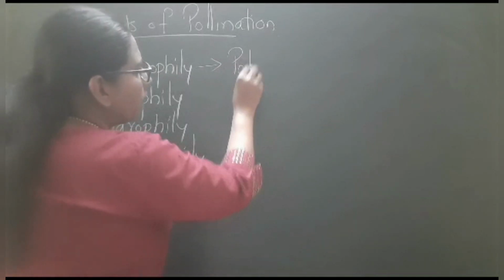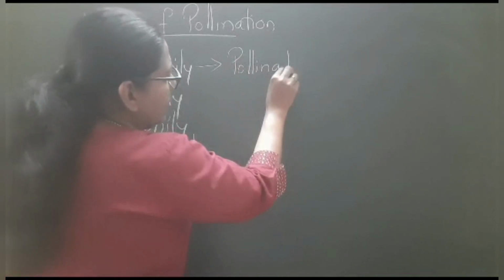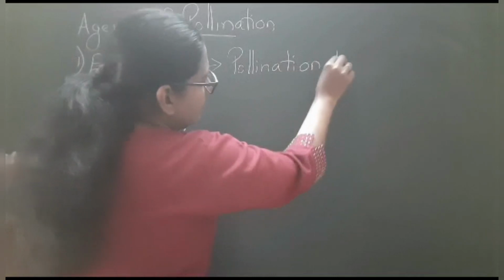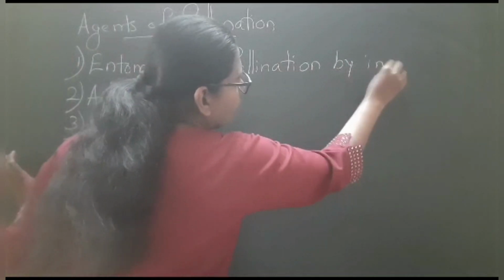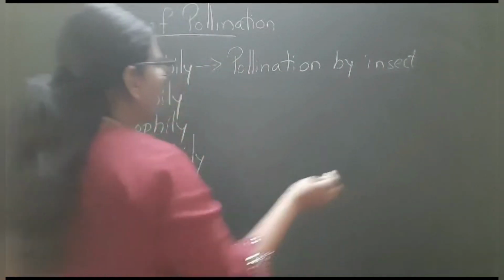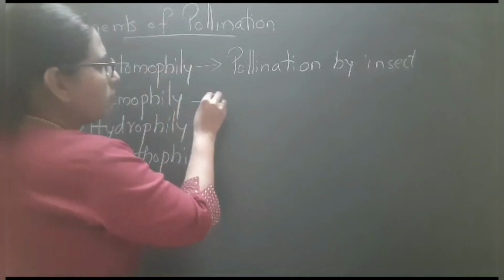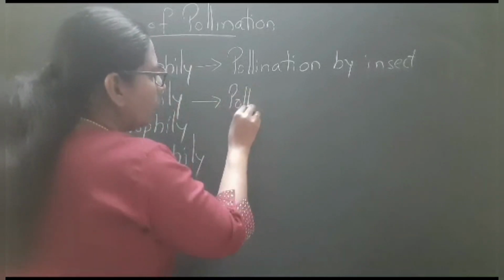Pollination by insects. Anemophily, pollination by wind.